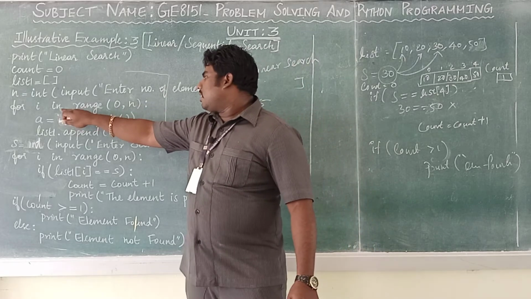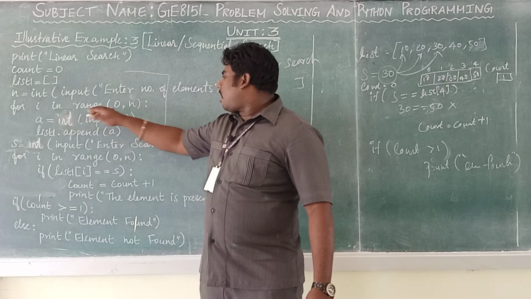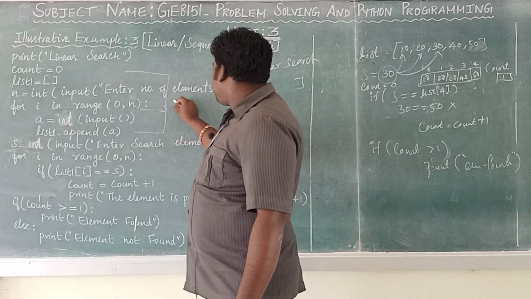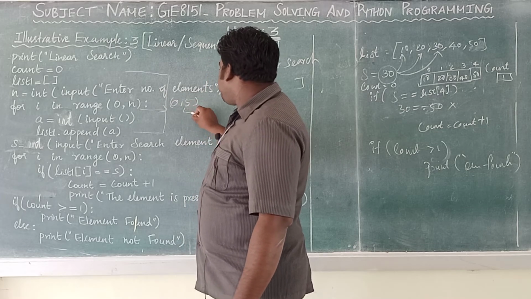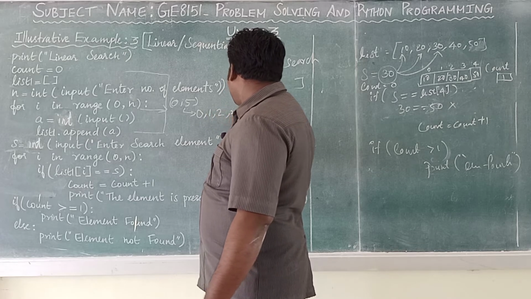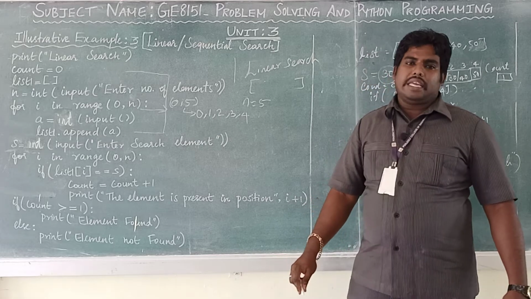For i in range of 0 to n. What will happen here? 0 to n means 0, 5. The starting is 0, then 1, 2, 3, 4. 0 to 4 it will create.